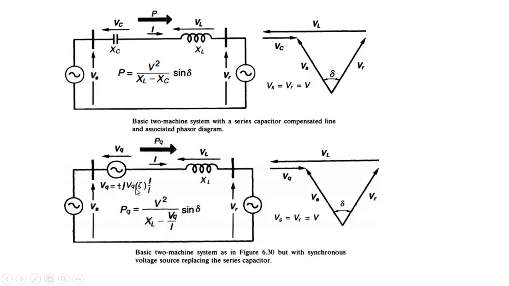Here we have VQ, so this angle will be multiplied to this magnitude, and if we have to use it as a capacitor, then we have to multiply it with minus j. So if VQ is multiplied by minus j, I by |I|, this voltage will be lagging this current. If it is minus j, that is 90 degrees, it will act as a capacitor. So you will see that here we have the power V squared over XL minus XC, so it will be equal to V squared VQ by I. It has the effect of XC sine of delta. So this will be similar to that of this.